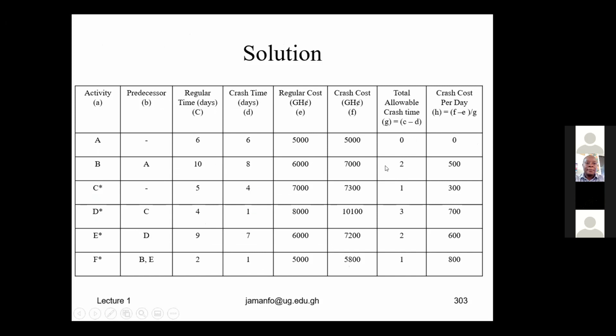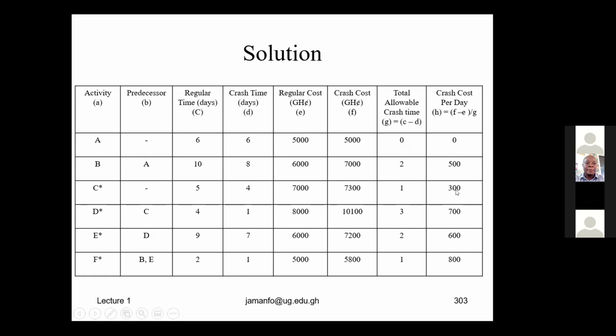And if you divide the 1,000 by 2 days, what do you get? 500. So that is why this place is 0. If you subtract this 500 from this 500, you get 0, divided by 0, that's what you have.